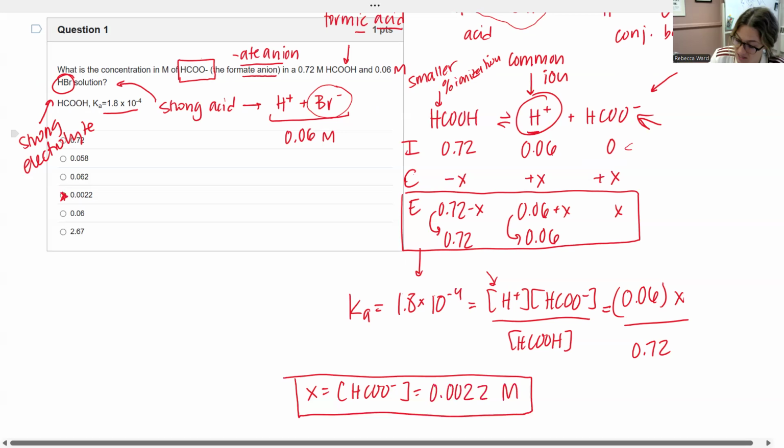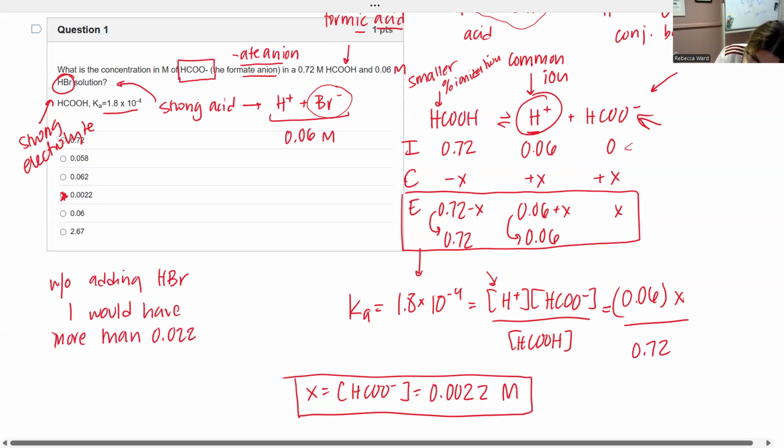So if I did this calculation again without adding HBr, I would have more than 0.0022 molar HCOO minus.